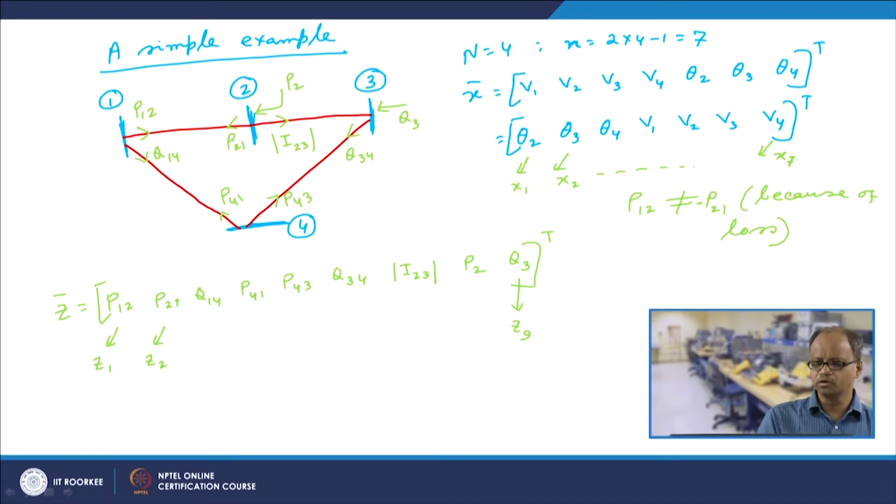So, now when we are looking at P2, there is only direct connection from bus 2 to bus 1 and bus 3. So, there is no direct connection between bus 2 and bus 4.